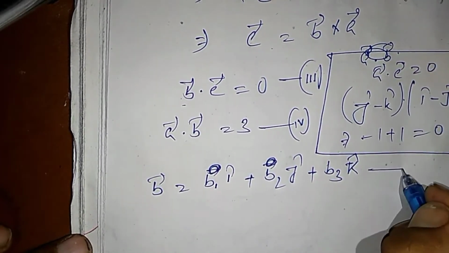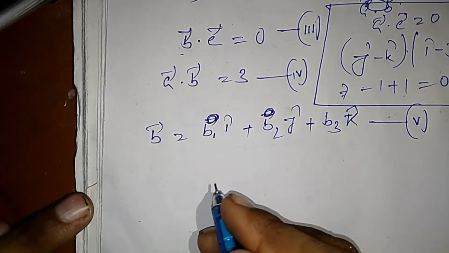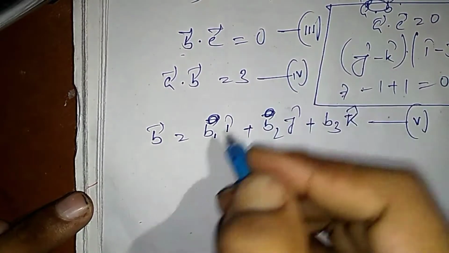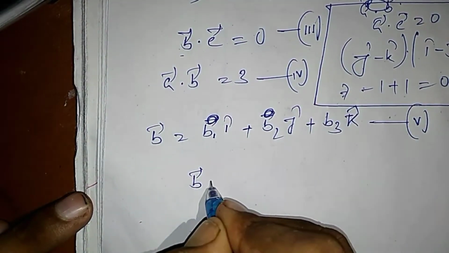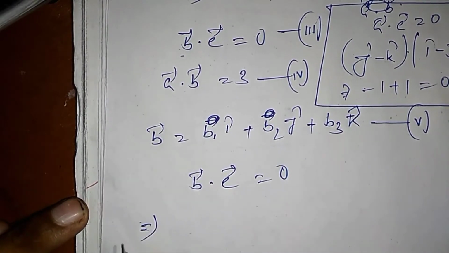I call it equation 5. Now I put down equation 3, which is vector B dot vector C equals 0.